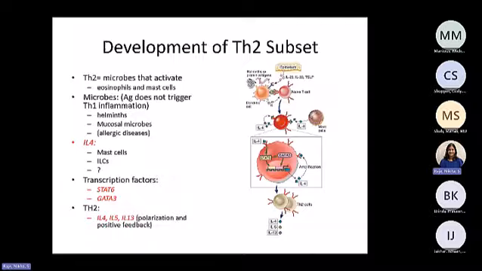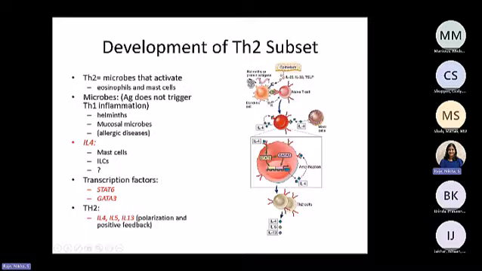Now what happens is, if there is, say, helminthic infection, that helminth is going to interact with the innate immune cells. Also, there are some other sources from where some of these cytokines are released, such as IL-25, IL-33, TSLP.